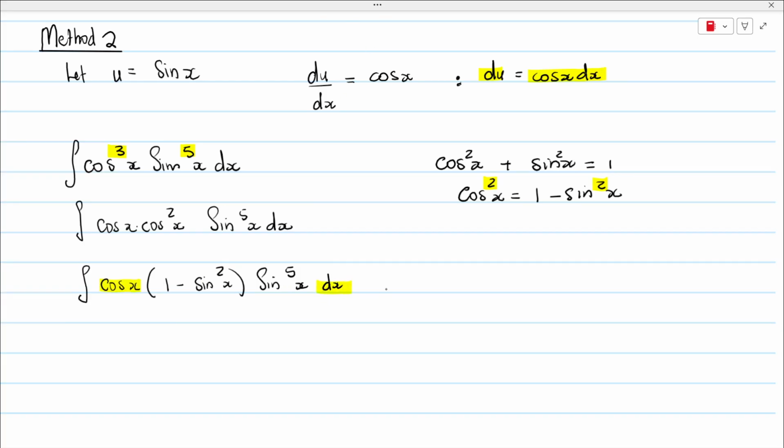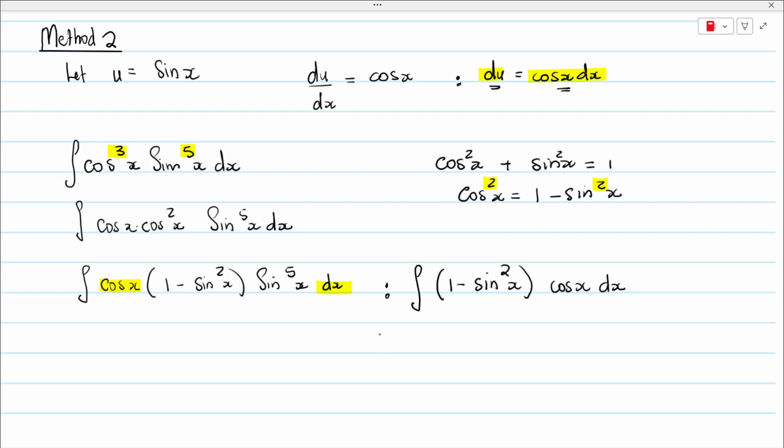So I can simply rewrite this as 1 minus sine squared x, close bracket, cos x dx. Because I've rewritten it this way, you can see that du equals cos x dx. So now I have a cos x dx.